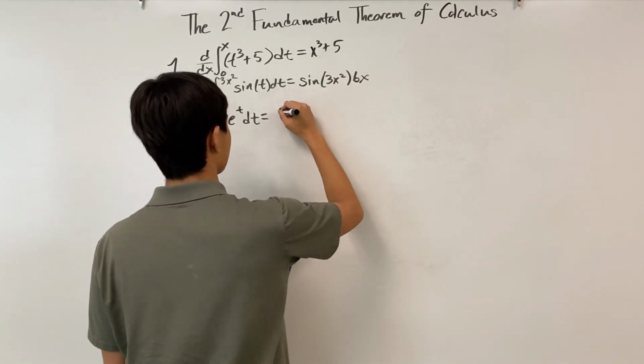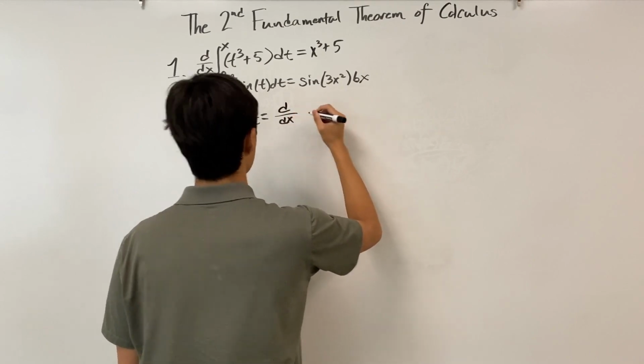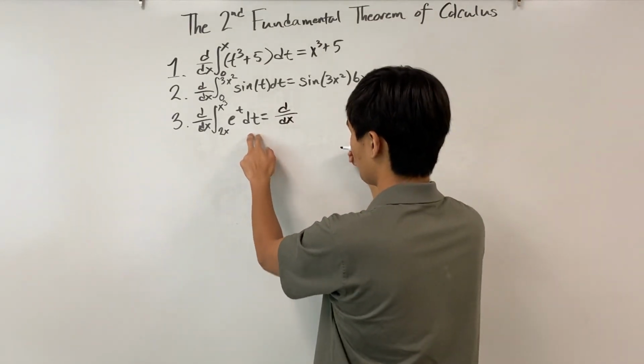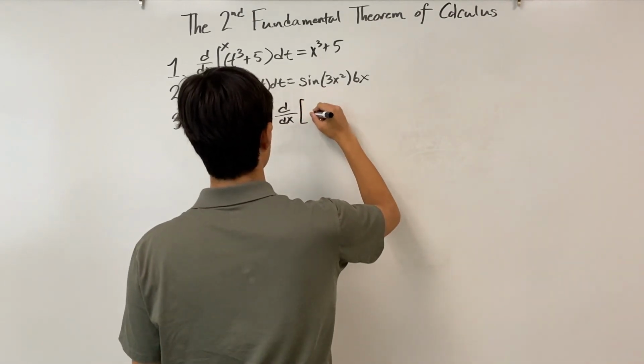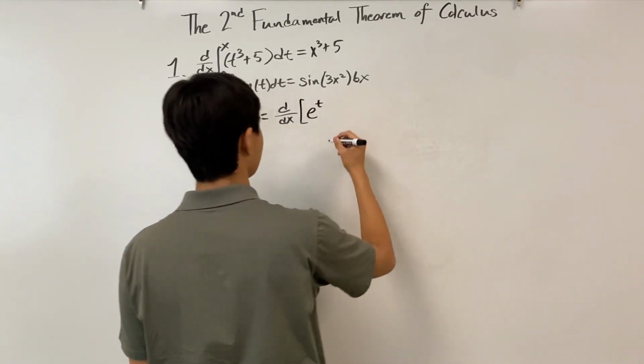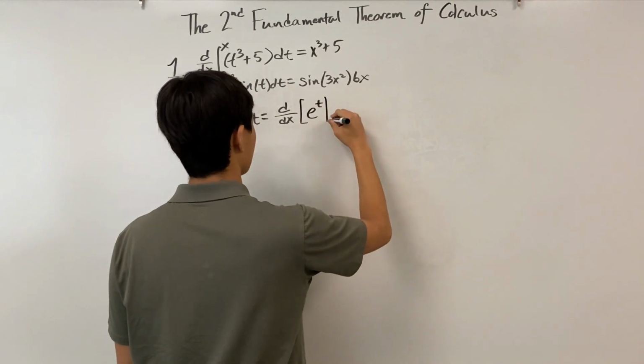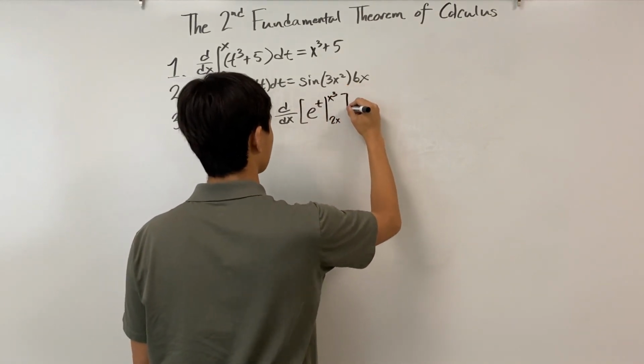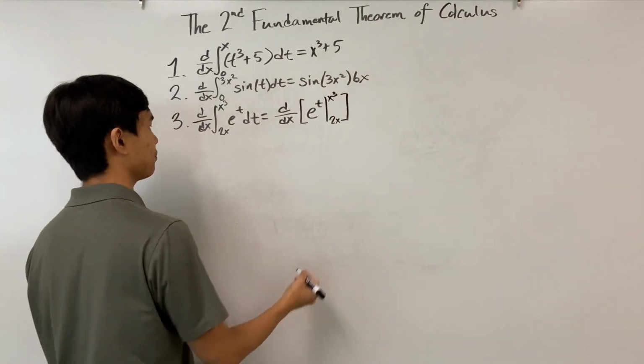So this is the derivative with respect to x of, the integral of e to the t is just e to the t. So e to the t evaluated from 2x to x cubed, like so.